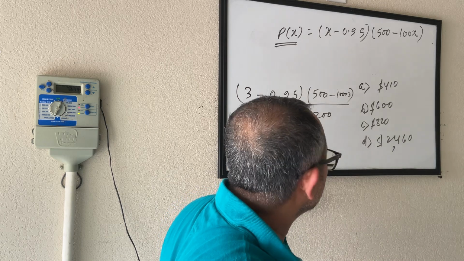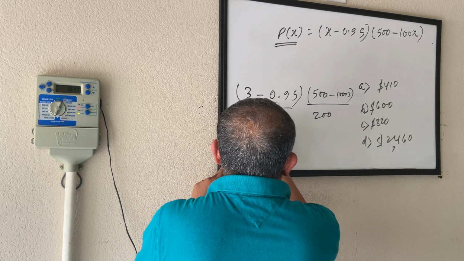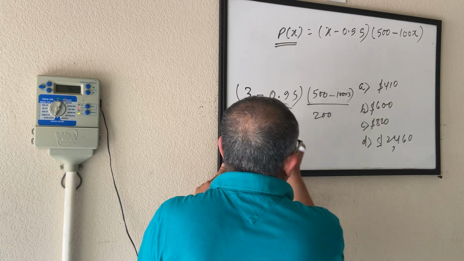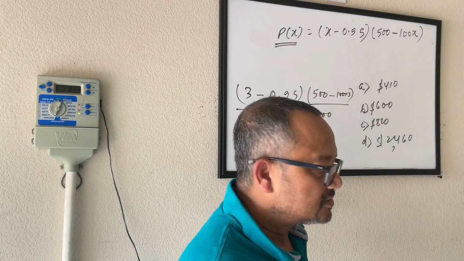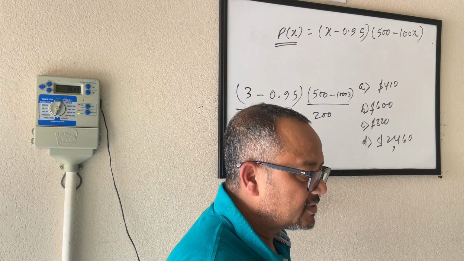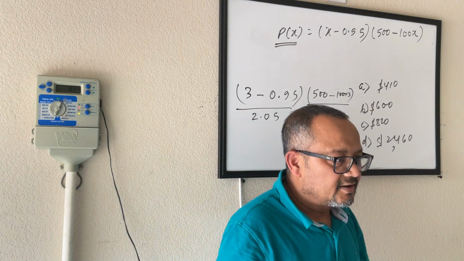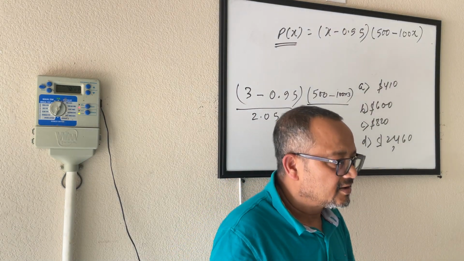So x becomes 3 minus 0.95 multiplied by 500 minus 300. So 3 minus 0.95 is 2.05. So 2.05 multiplied by 200 is equal to 410. Okay. So Px would be equal to 410.